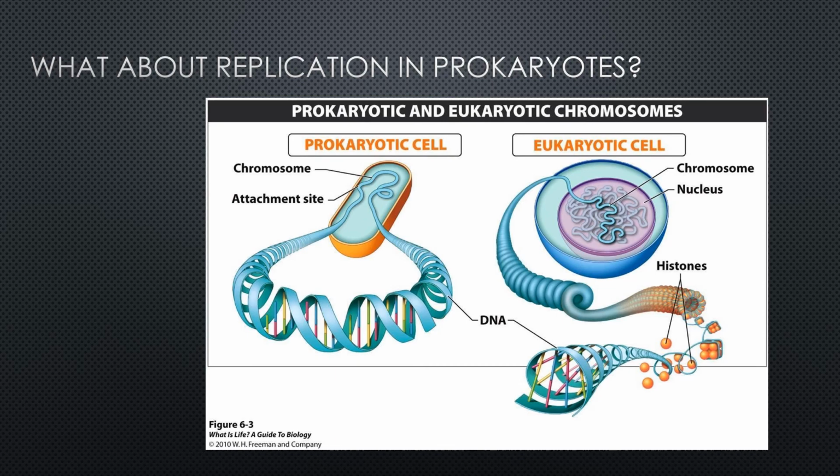So what about replication in prokaryotes? So far, everything we've talked about has been in eukaryotic cells. If you'll remember, prokaryotic cells have one chromosome that's tightly wound into a circle. So that's their DNA, this circular DNA.